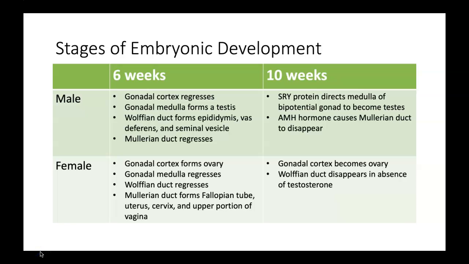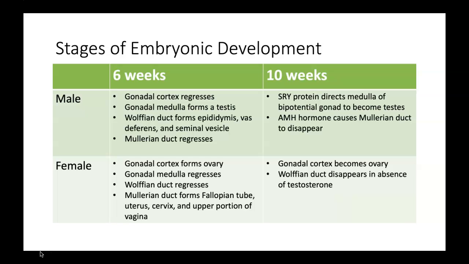So I'll just review some of this information. If the embryo is male at 6 weeks, the gonadal cortex will regress, the gonadal medulla will form a testes, Wolffian duct forms epididymis, vas deferens, and seminal vesicle with testosterone present, and the Mullerian duct regresses because AMH is present, the anti-Mullerian hormone.